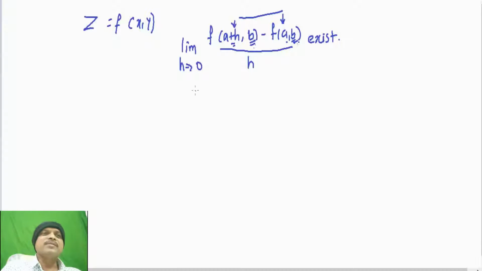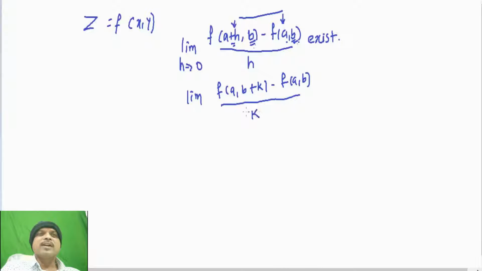Similarly, if we take the limit of f of a comma b plus k minus f of a comma b divided by k, as k tends to 0, and the limit exists, then we say that the function is derivable with respect to y.